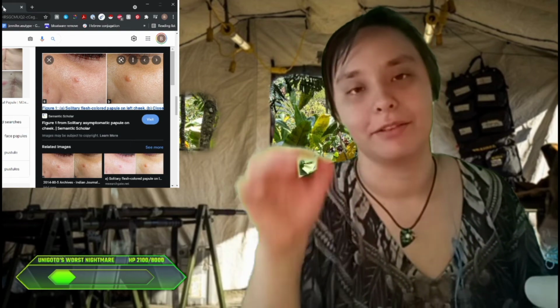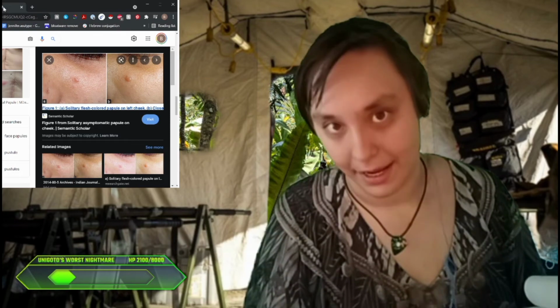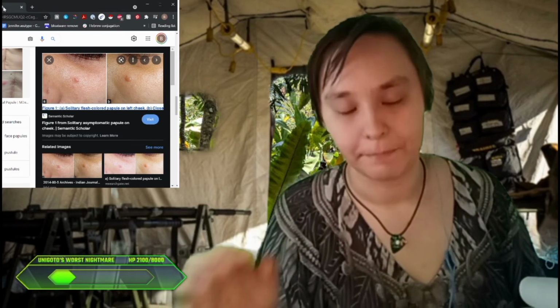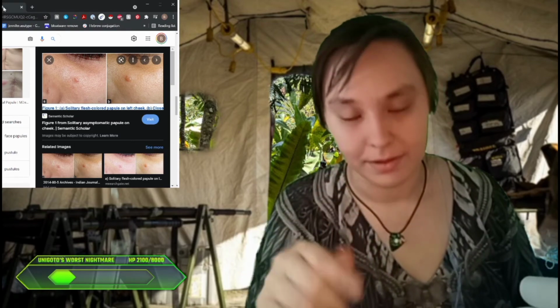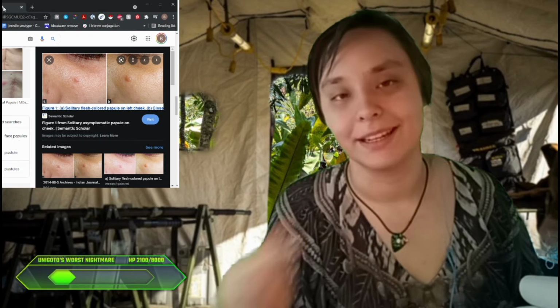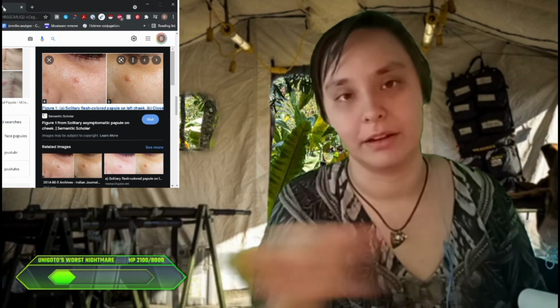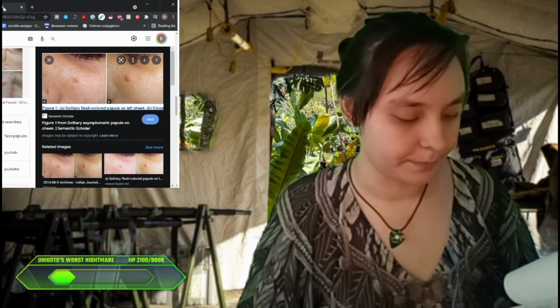So you have macule, less than 10 millimeters. Patch, more than 10 millimeters. Papule, which is a little raised bump, smaller than 10 millimeters. And then a plaque is a raised area bigger than 10 millimeters. Okay, so that's pretty easy.